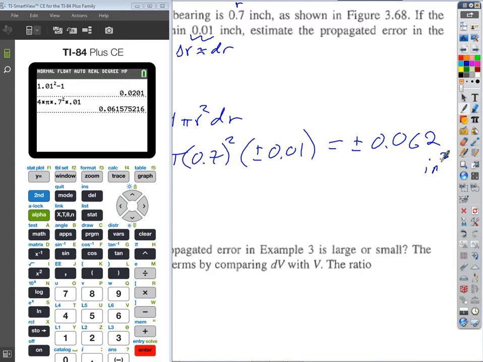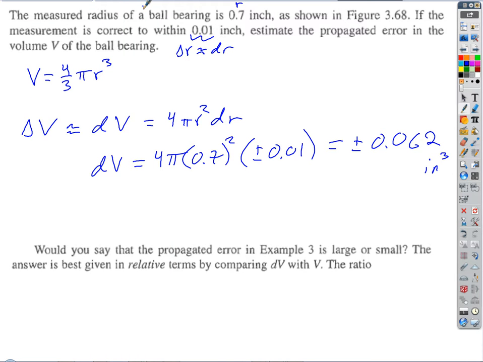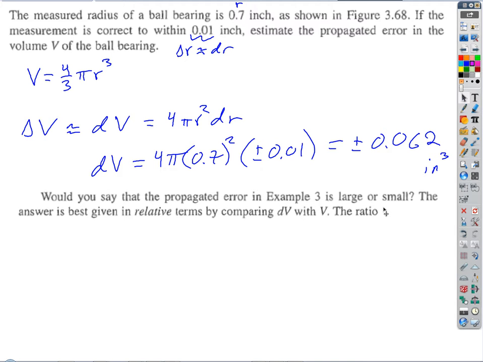Okay, but then the question arises: that's useful, but really what's more useful is knowing, is that good or bad? Is this tolerance acceptable? And so there's one other thing we could do. If we're trying to know if this is good or bad, we want to be able to express this propagated error as a relative value compared to the actual volume calculation.